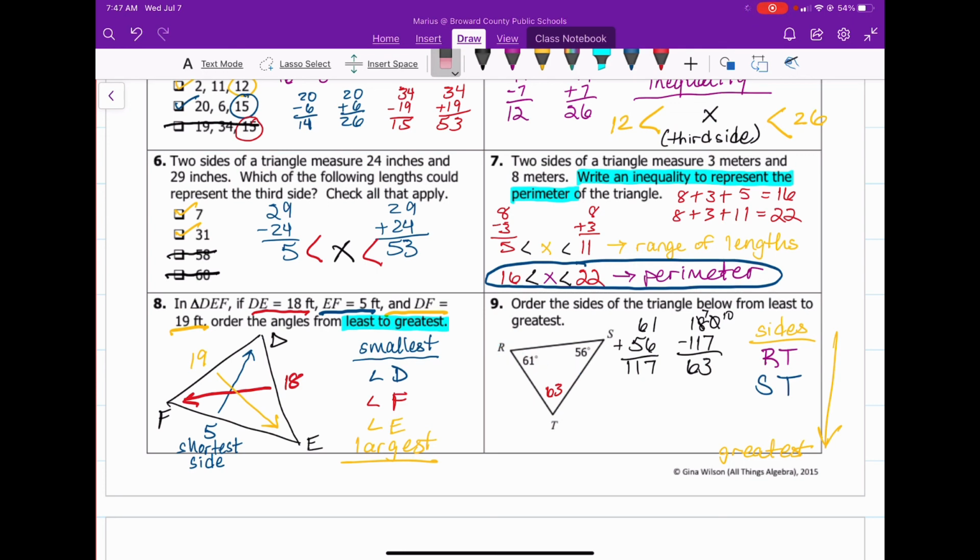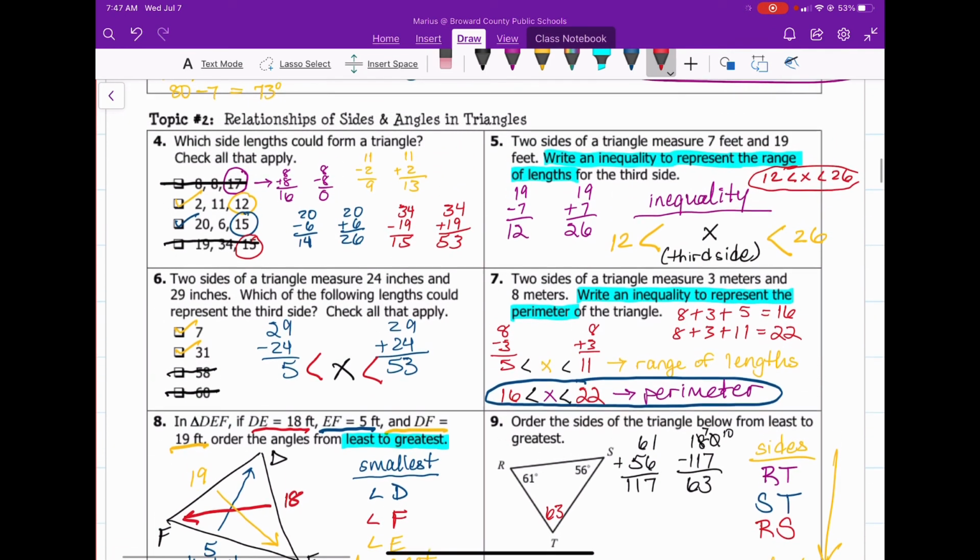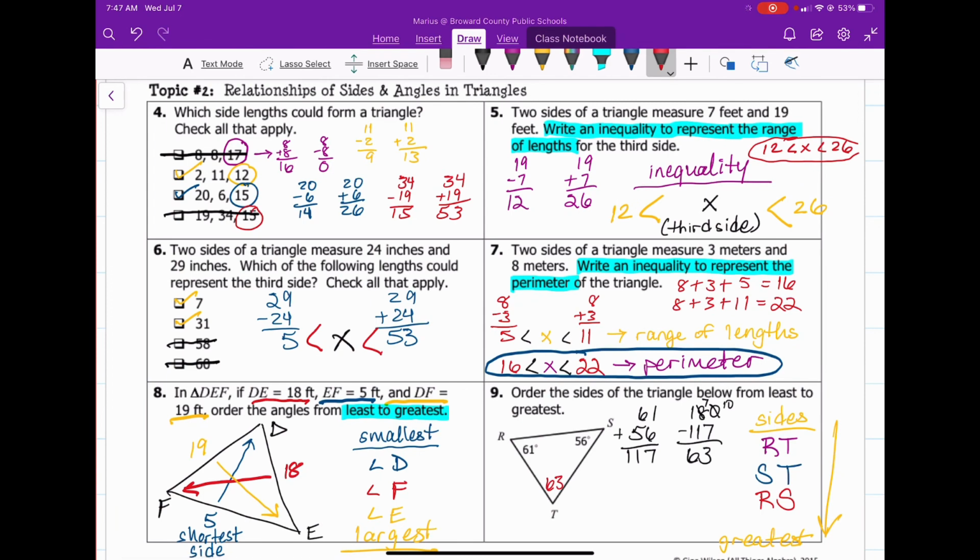Which means that the biggest angle is angle T, which means that the longest side is RS.